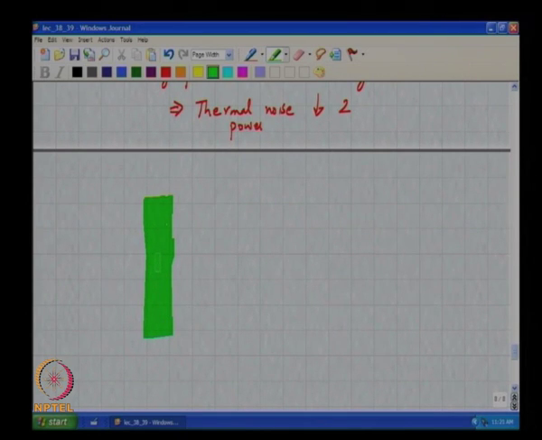I can think of at least 3 scenarios how you can realize this.